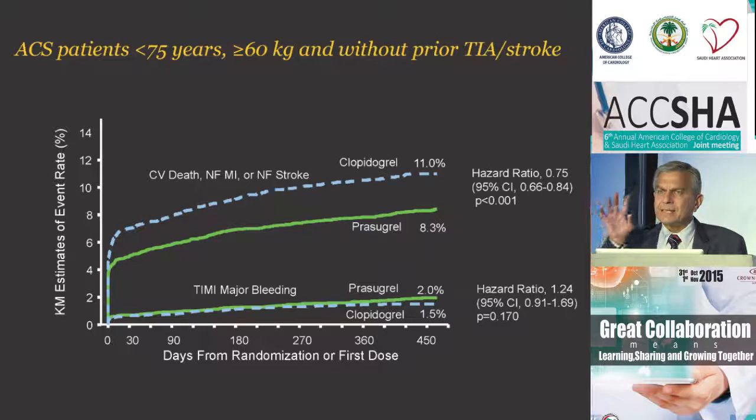So these are the type of people that are truly candidates for prasugrel. And STEMI is particularly a good population to administer the drug to. Therefore, the precaution is do not use prasugrel in people who are over 75 or less than 60 kilos. And one contraindication is a history of TIA or stroke.